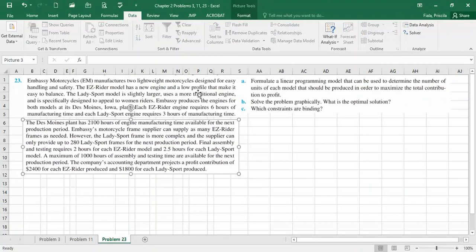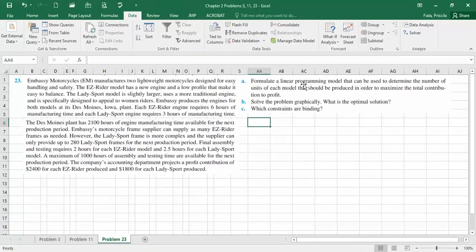This is really showing, with a real life example, how you would put all this together in formulas to the point where you can optimize all these values and provide an optimal solution, an actual solution, for your manager or for the company. So right here, Embassy Motorcycles manufactures two lightweight motorcycles designed for easy handling and safety.